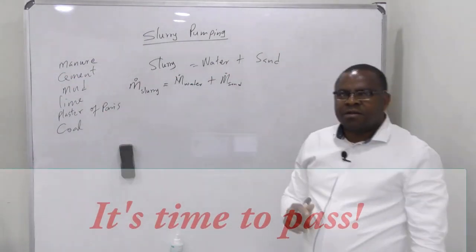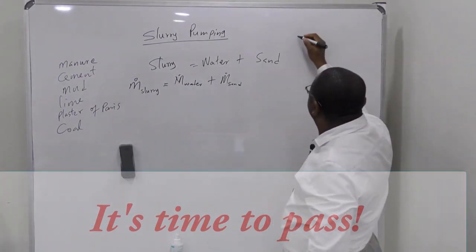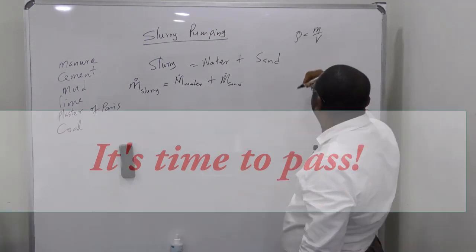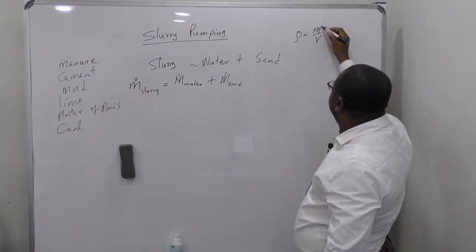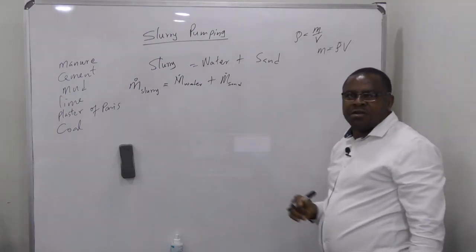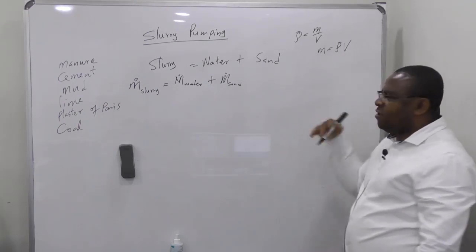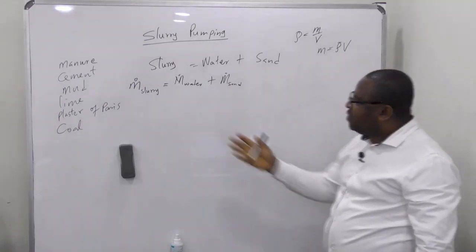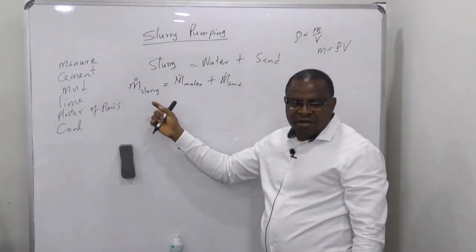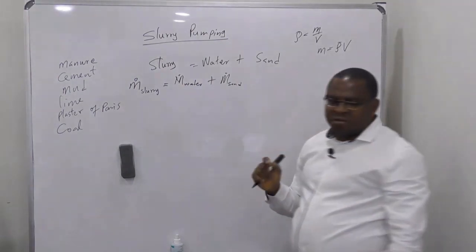Okay? We know that density is mass over volume, right? So it means that mass is density times volume. So we can even convert this to density times volume instead of using mass. But just note this, you will use the mass of the slurry is the same thing as the mass of the water plus the mass of the sand.